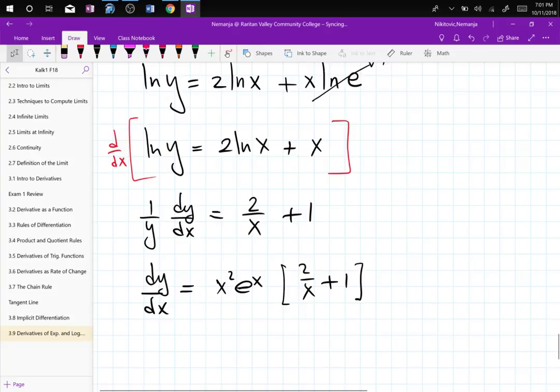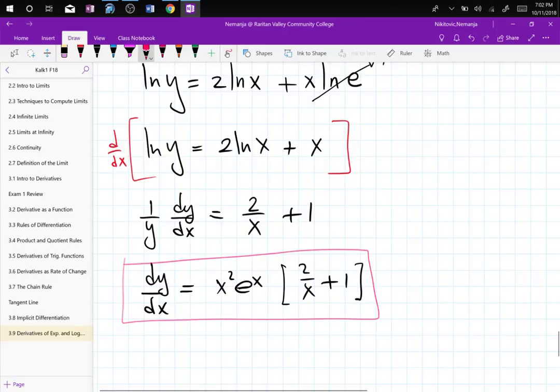If you are to distribute this, you will find exactly the same answer that the product rule gives you. This would be the end. It's factored, and simple to work with each one of these.